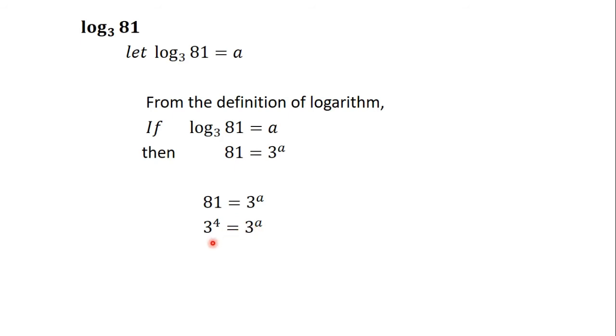We learned in indices that if you have an exponential equation and the base on the left hand side and the base on the right hand side are the same, then you can equate the exponents. The base on the left hand side is 3 and the base on the right hand side is 3, so we can equate the exponents. So a is equal to 4. But what is a? A is log 81 base 3, which means that log 81 base 3 is equal to 4. So the logarithm of 81 to the base 3 is equal to 4.